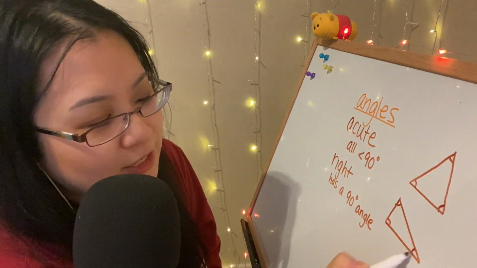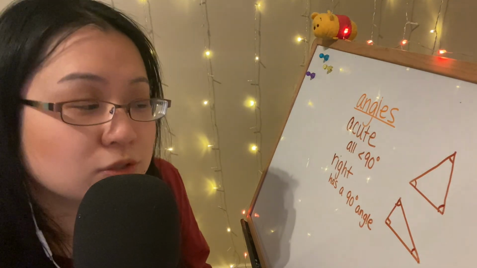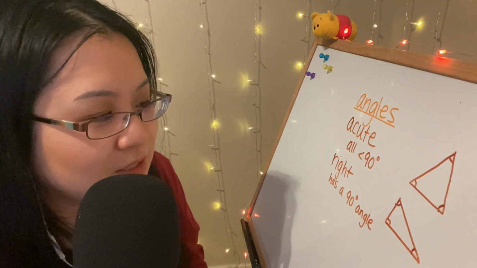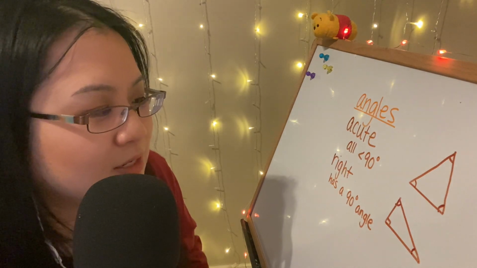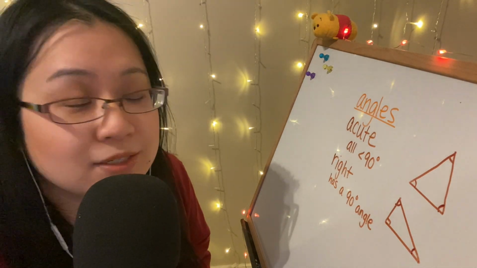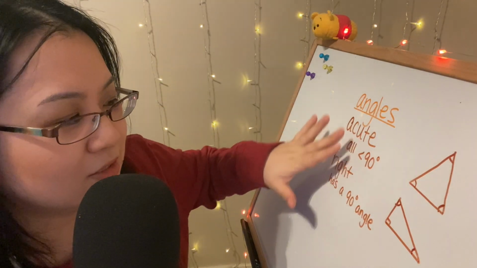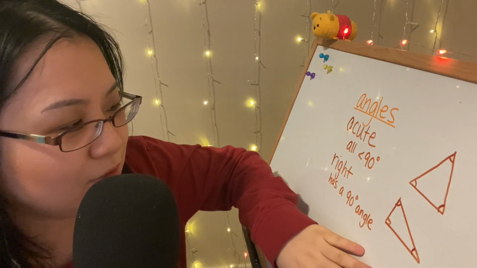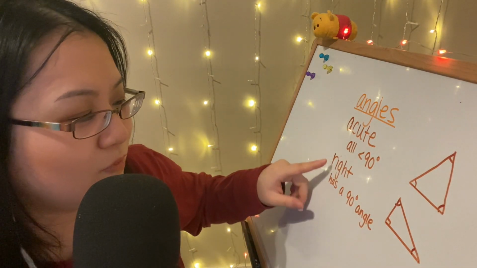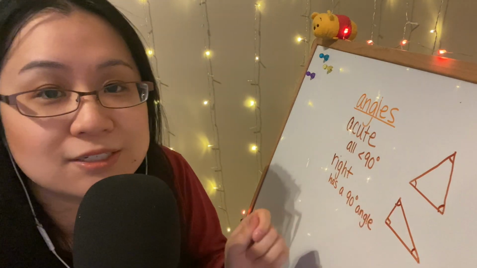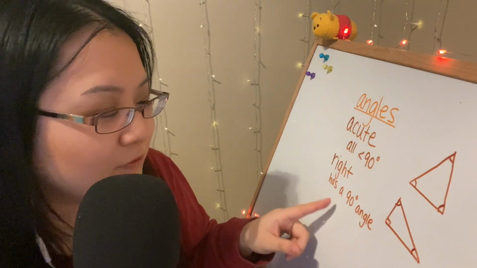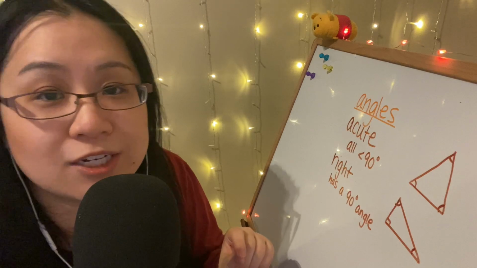180 degrees. So in this particular case, I know that based on this definition, a right triangle can only have one 90-degree angle.